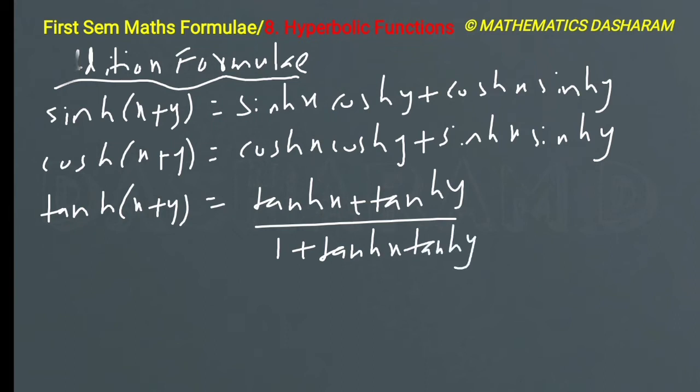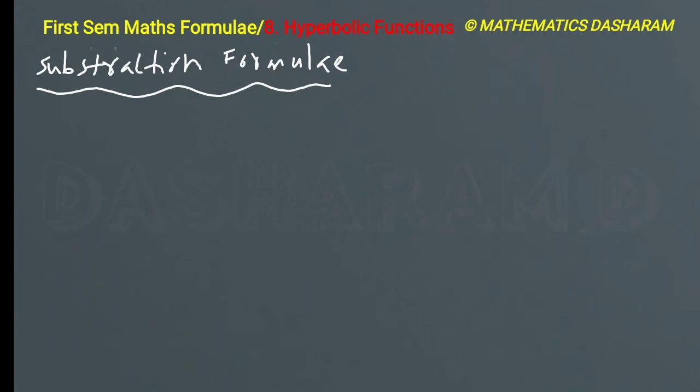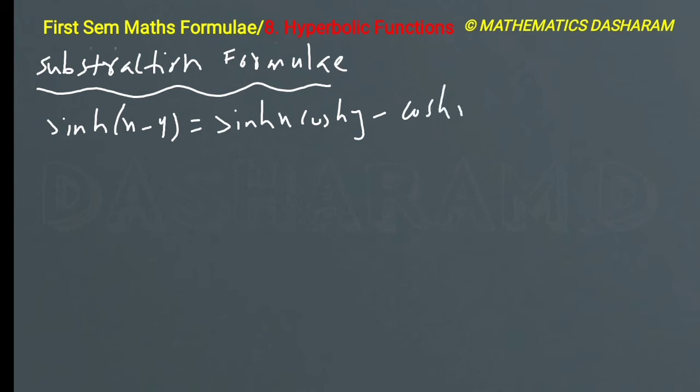Next, subtraction formulae. The first one is sinh of x minus y equals sinh x into cosh y minus cosh x into sinh y.